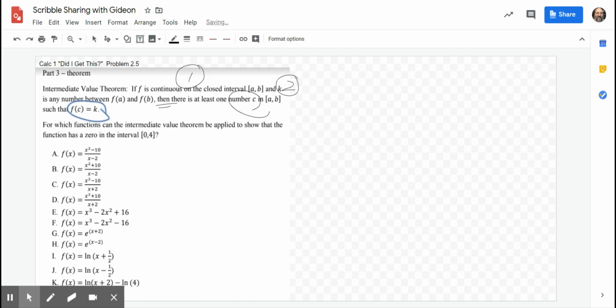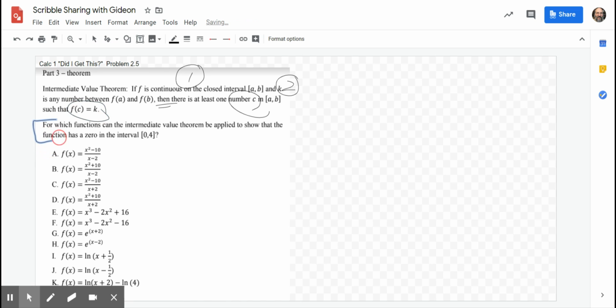In other words, to speak in sort of technical language, there's a value that's the inverse of the function applied to k. We can find a value that goes to the k if the k is in between the minimum and the maximum, if the k is between f of a, f of the left endpoint, and f of the right endpoint.